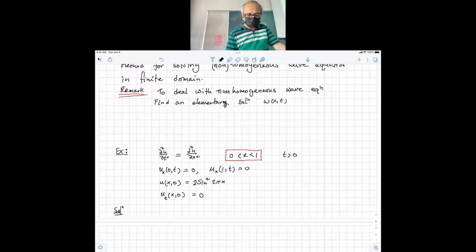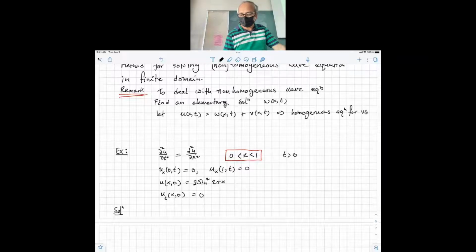Then define u(x,t) to be w(x,t) plus v(x,t), and this will lead to a homogeneous equation for v(x,t).